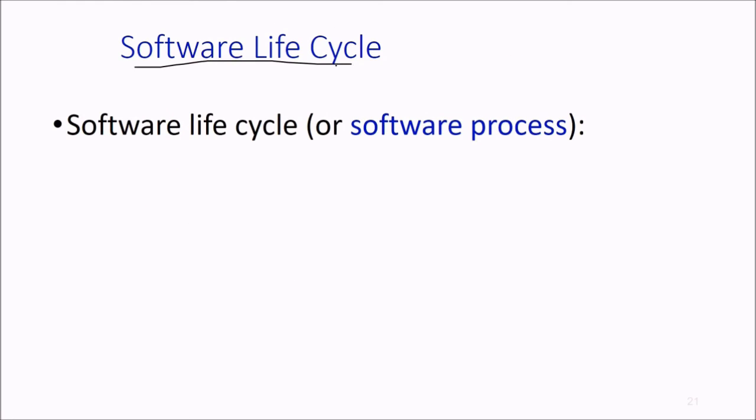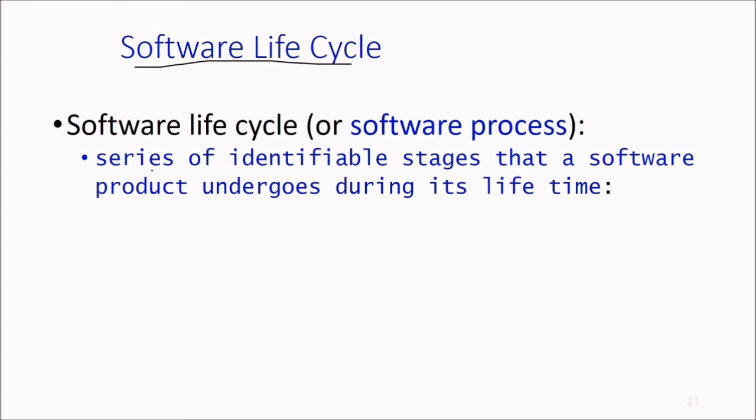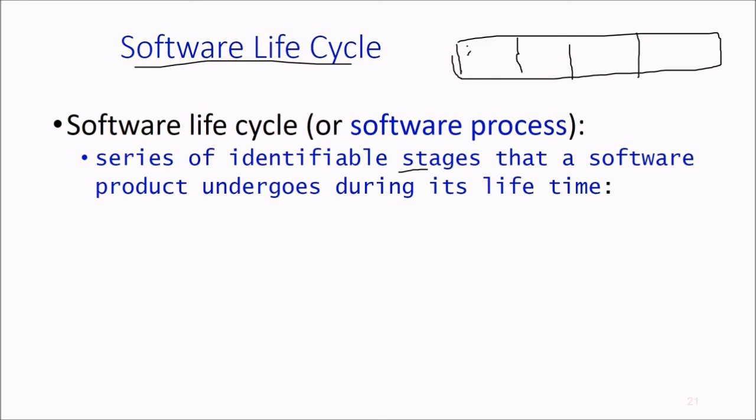What about our software lifecycle? What is a software lifecycle or software process? It is the series of identifiable stages that a software product undergoes during its lifetime. So if this is the life of a software, then we divide it and identify these stages, number of stages: 1, 2, 3, 4, and these stages are thought out, documented, and planned.